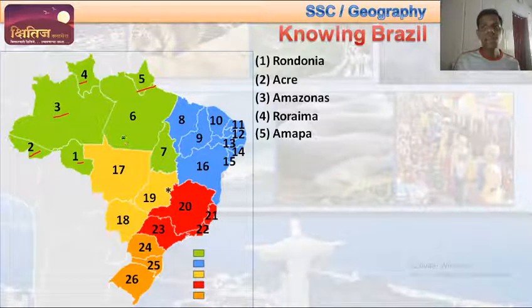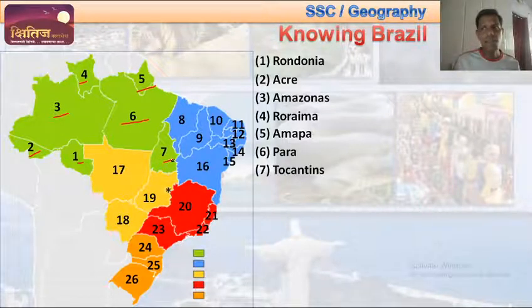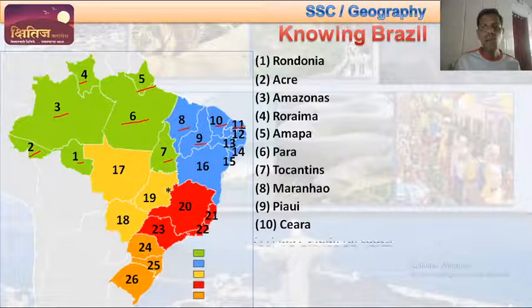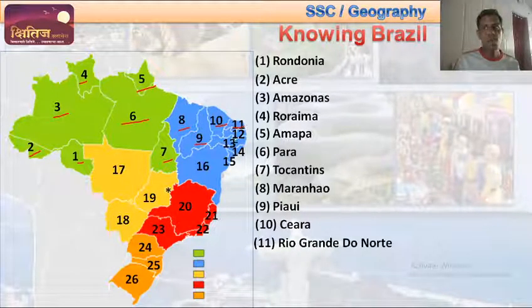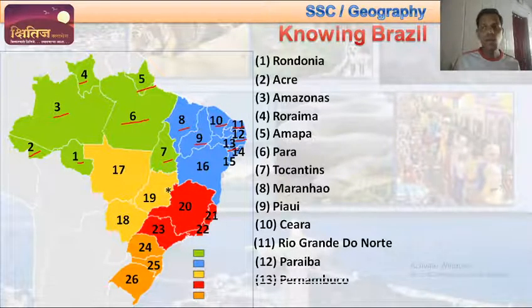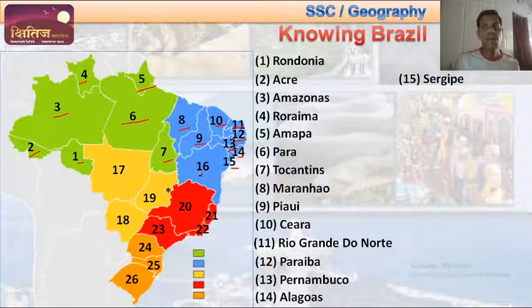Number 6 is Para. Number 7 is Tocantins. Number 8 is Maranhão. Number 9 is Piauí. Number 10 is Ceará. Number 11 is Rio Grande do Norte. Number 12 is Paraíba. Number 13 is Pernambuco. Number 14 is Alagoas. Number 15 is Sergipe. Number 16 is Bahia.